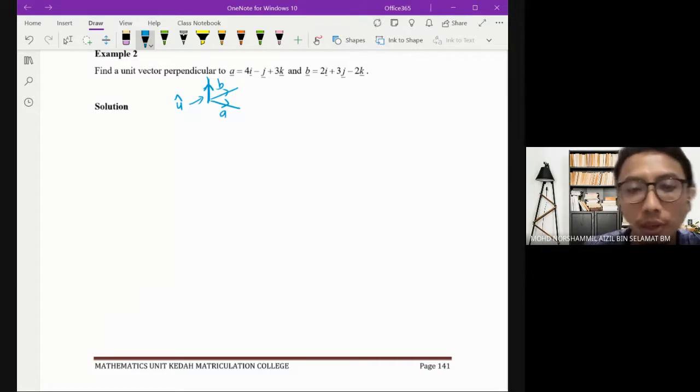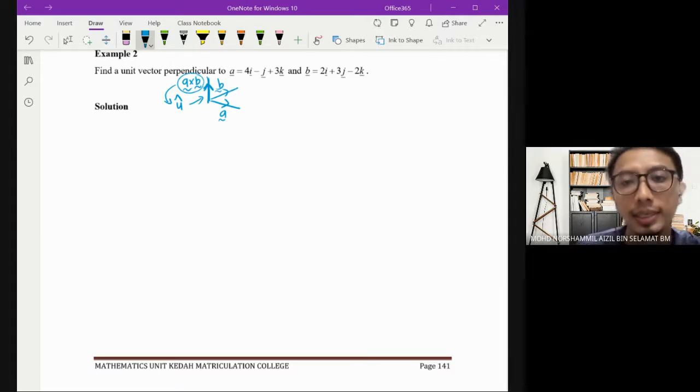But first of all, you need to get the vector of this one first. To get this vector going upward, you need to do A cross B. So bila you ada A cross B, baru you capkan dia.